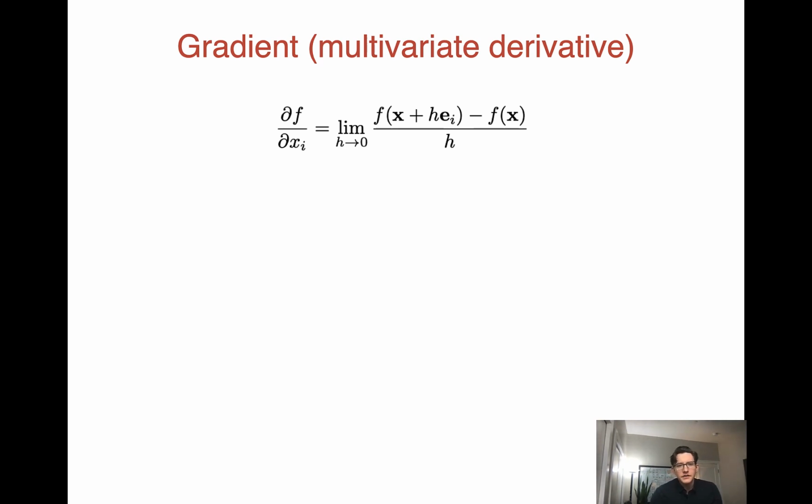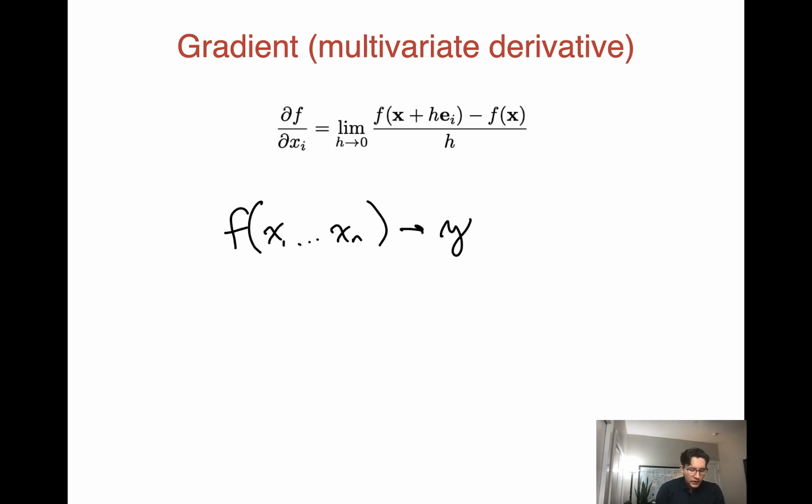Let's generalize the derivative to a multivariate function. So we're going to imagine that f here is a function that takes as input a set of variables, x1 up to xn, and outputs a scalar, y.